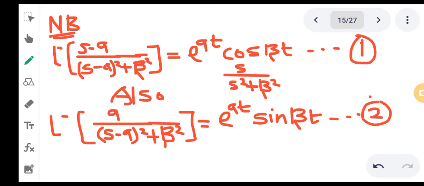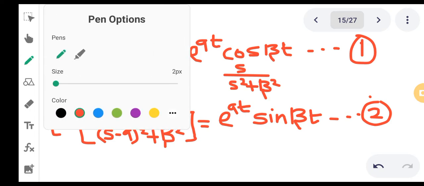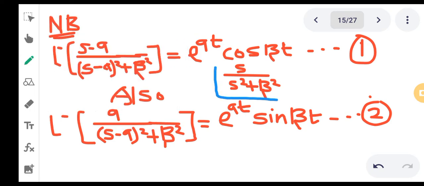But because of e exponent at multiplying the cos beta t, wherever you see your s, just make this substitution, s minus a. And wherever you see s square, you are going to get s minus a all square. Okay, that's why we had this. Very simple. The same thing applies to this. Okay, so we are using this to solve it.